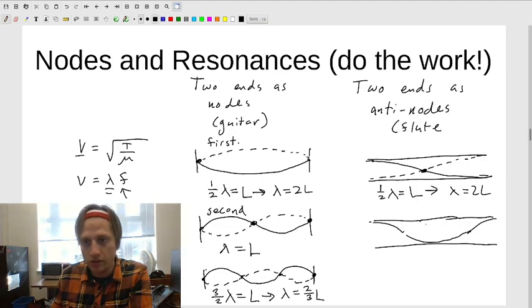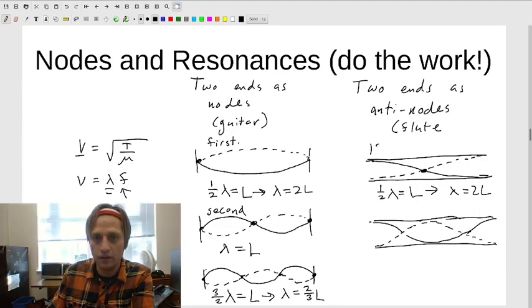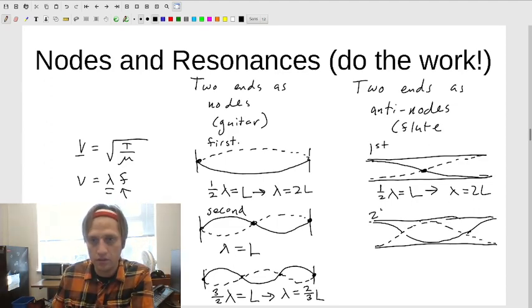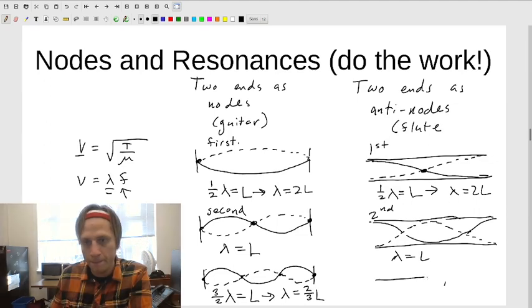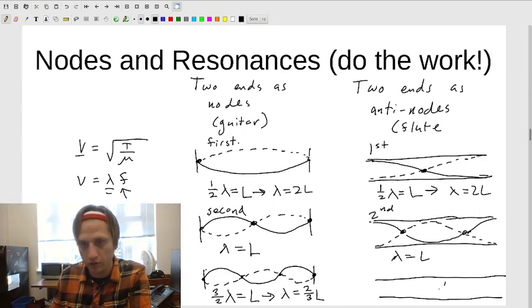And so in this case, for the second harmonic, the wavelength is just the length of the tube, and so on. Then if we wanted to go to our third harmonic, we'd have to add in an extra node. So it'd be something like this.